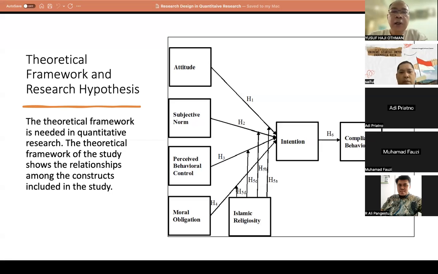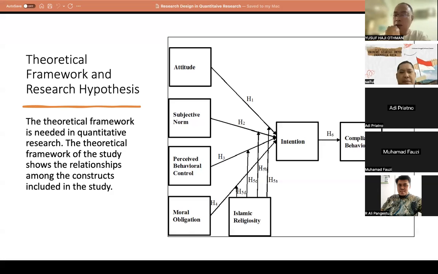So attitude is included because the respondent is more likely to pay income zakat when he or she expects that the payment of income zakat will have a positive impact on others.